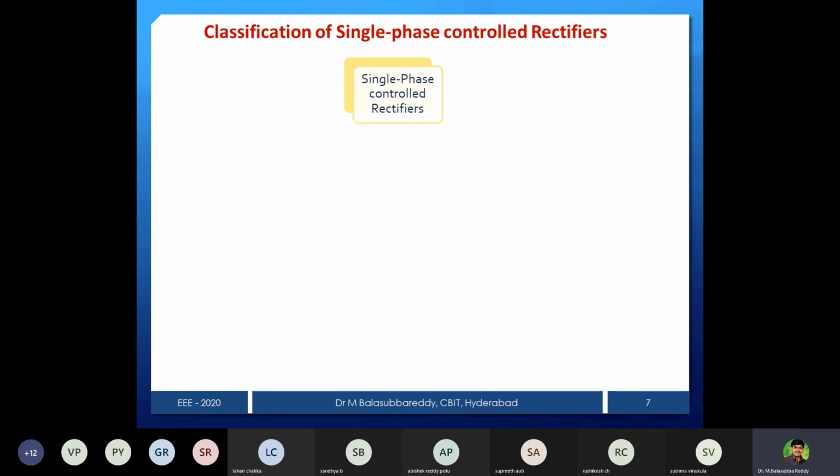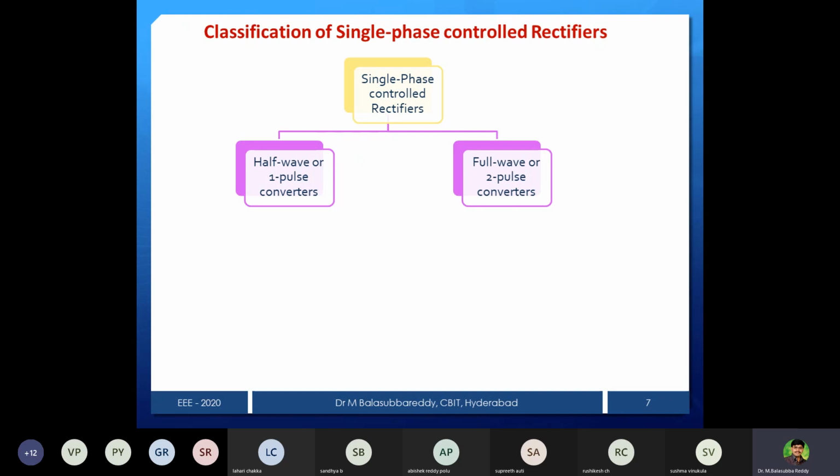Now we'll see there is another classification in the case of single phase itself. We broadly divide into single phase and three phase, again based on the supply input. Single phase we have as a half wave or one pulse converter, and full wave or two pulse converter. In a one pulse converter, we can have with freewheeling diode and without freewheeling diode.